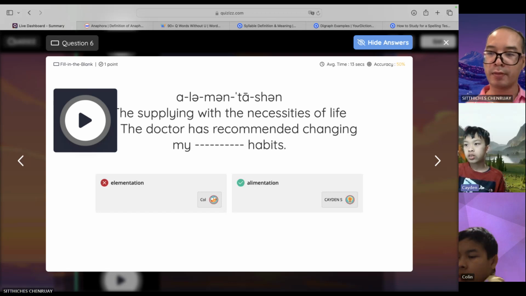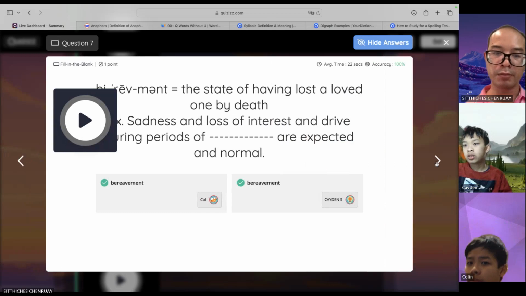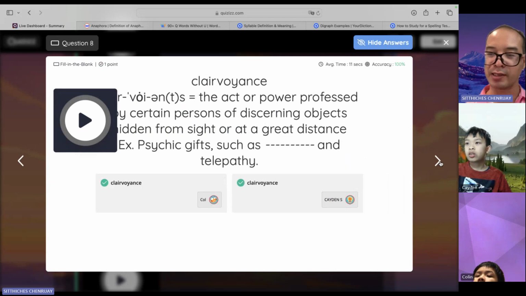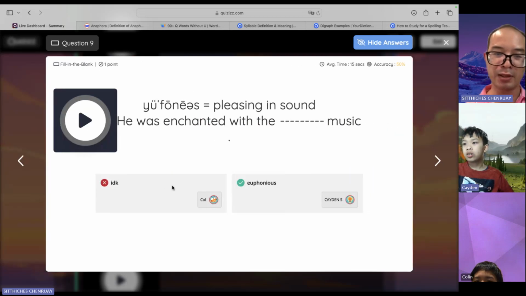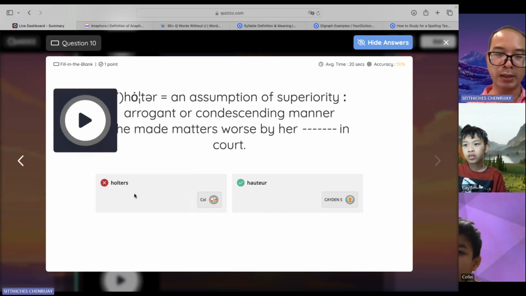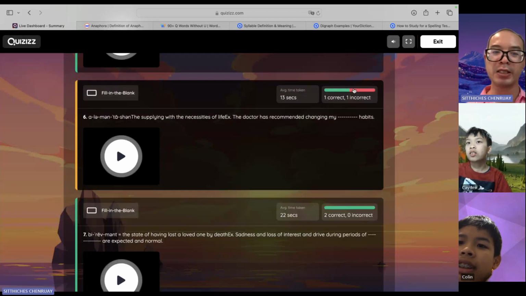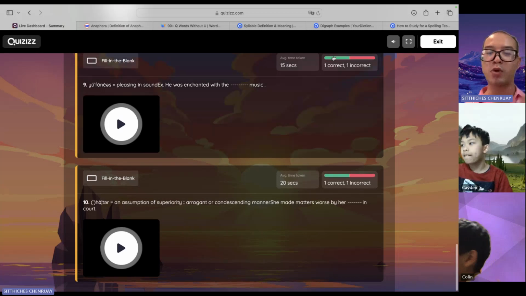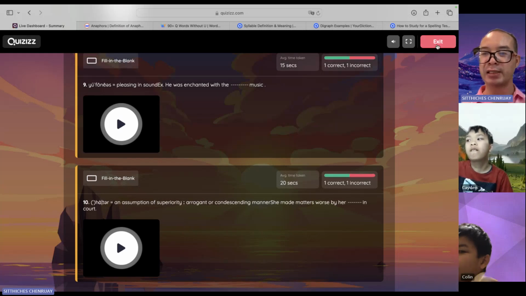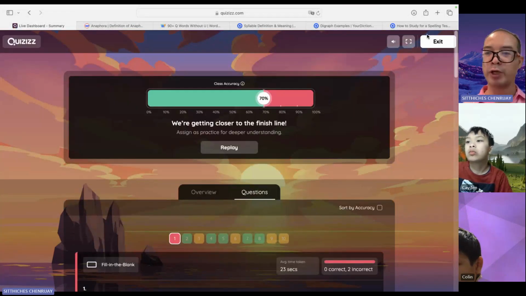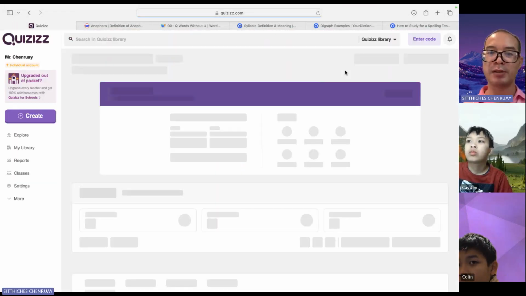Then bereavement. You are really correct. Excellent. Clairvoyance. Good. And then euphonious, you were wrong. EU. Then hauteur. Okay, excellent. This word is the one that's mostly mistaken. And you have done well, only one word wrong, embarrass. Next time.